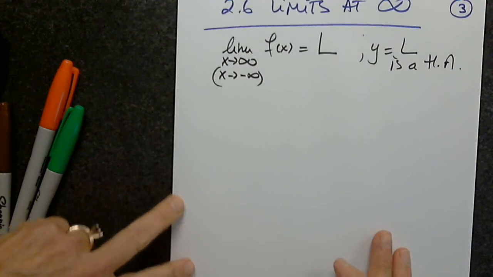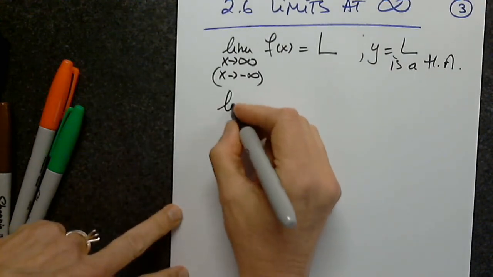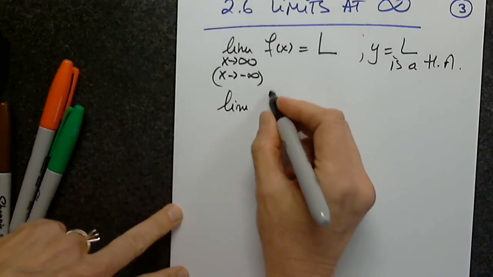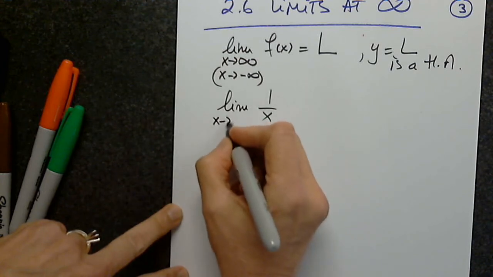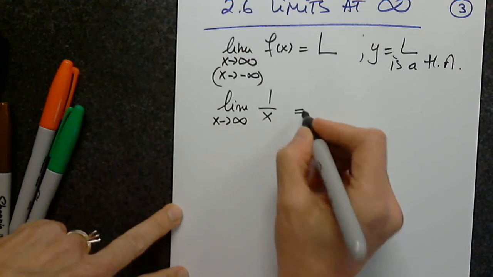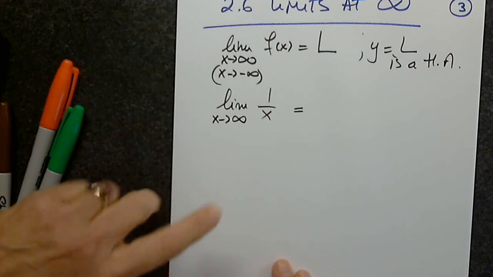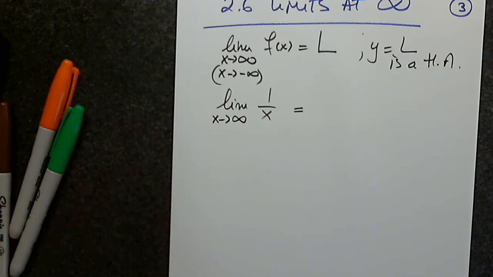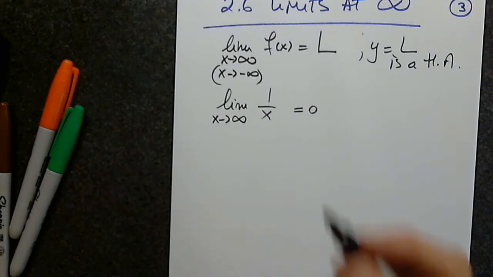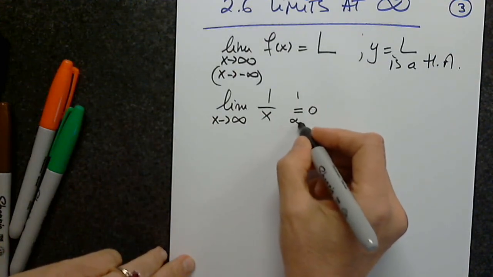Before we choose an example, I would like to ask you common sense. What will this equal? You should say, let me think for a moment. I know the graph. I'm asked to find the limit of 1 over x as x approaches infinity. 0, absolutely. Because the top is 1 and the denominator is infinity.